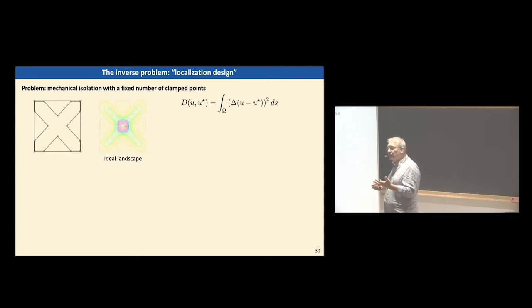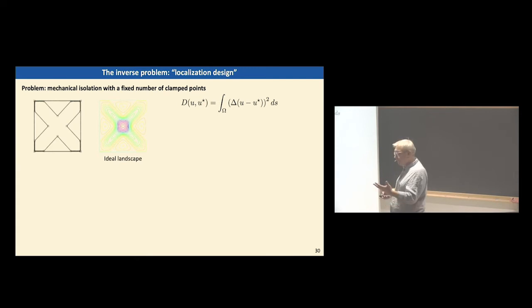This is a complicated problem to formalize in terms of spectral vibrations. But with the landscape, you say, okay, if things were ideal, the landscape will vanish here. So you solve the ideal landscape equation, putting a vanishing boundary condition here. You obtain an ideal landscape.